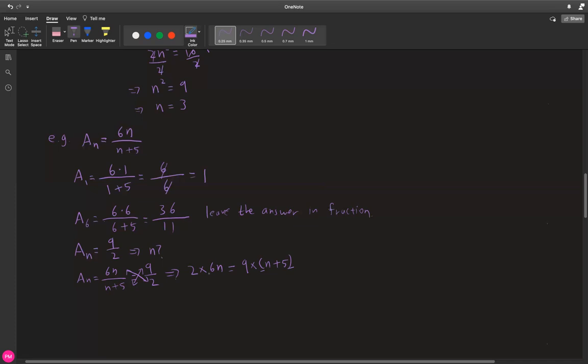On the left-hand side, 6 times 2 is 12n. On the right-hand side, you have to distribute the 9 to each term. So 9 times n is 9n, plus 9 times 5 is 45.